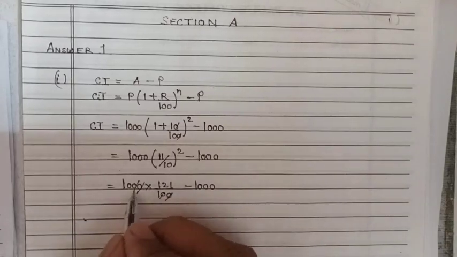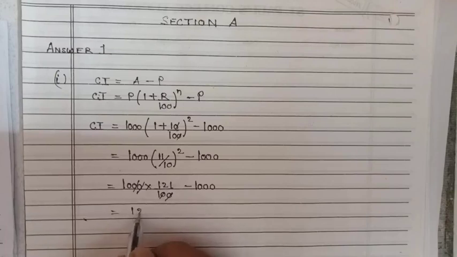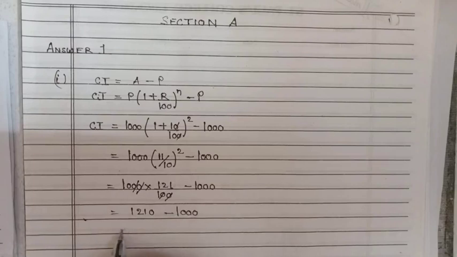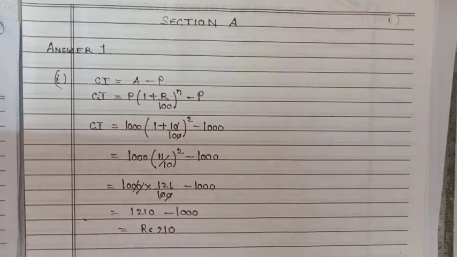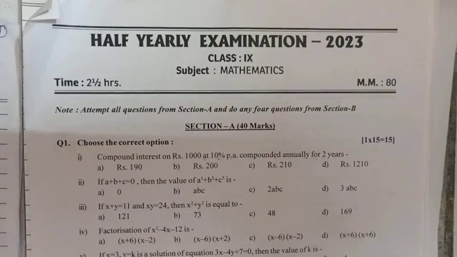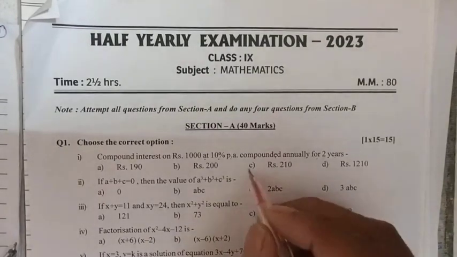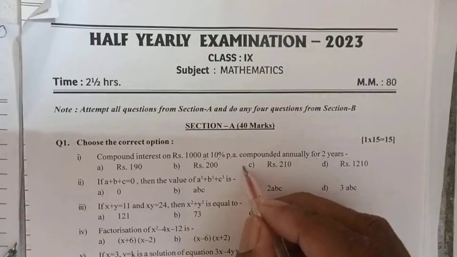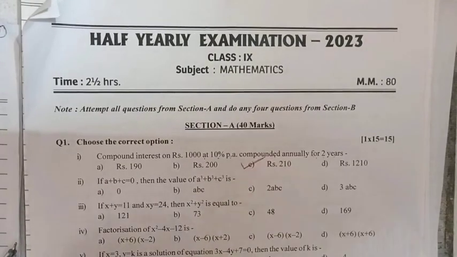So this will give you 1210 minus 1000. So this will give you rupees 210. So the compound interest for 2 years will be rupees 210. So in this one, the correct option will be C part, that is rupees 210.